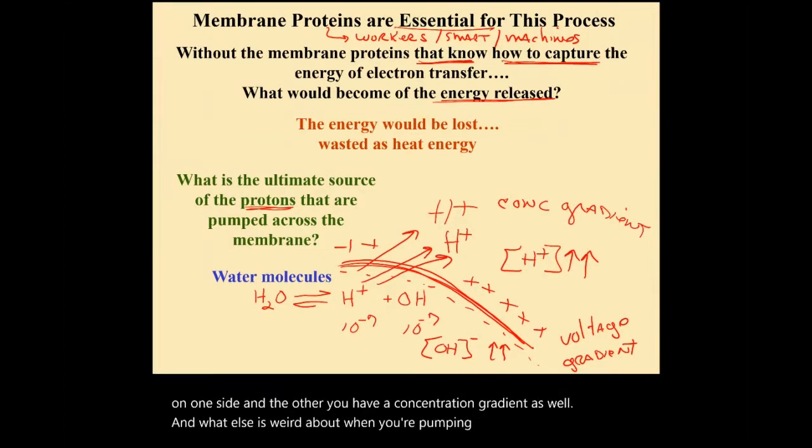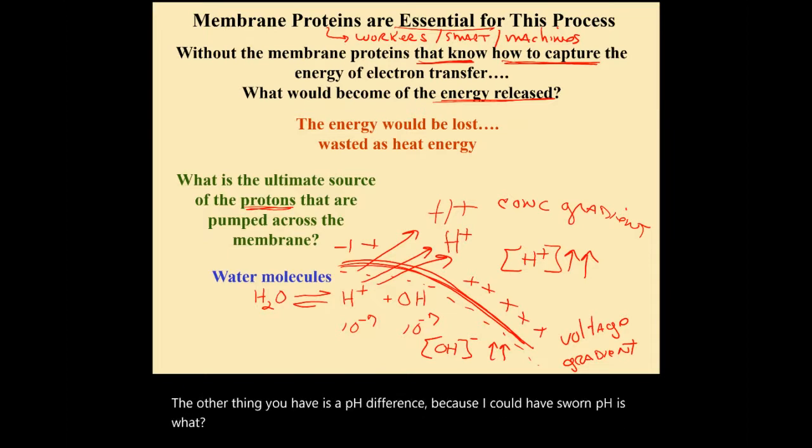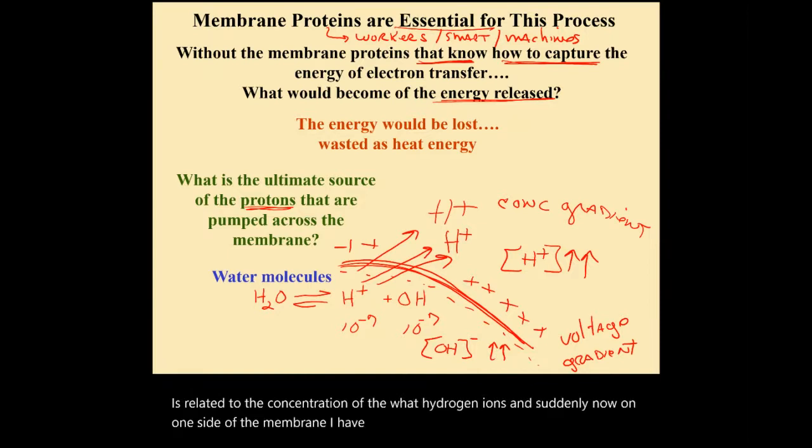When you have a concentration gradient of hydrogen ions that's different on one side of the membrane compared to the other, the other thing you have is a pH difference. Because I could have sworn pH is what? Is related to the concentration of the what? Hydrogen ions. And suddenly now on one side of the membrane, I have more hydrogen ions than I have on the other side of the membrane.